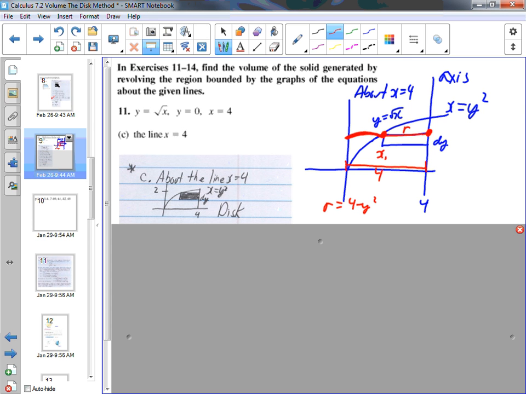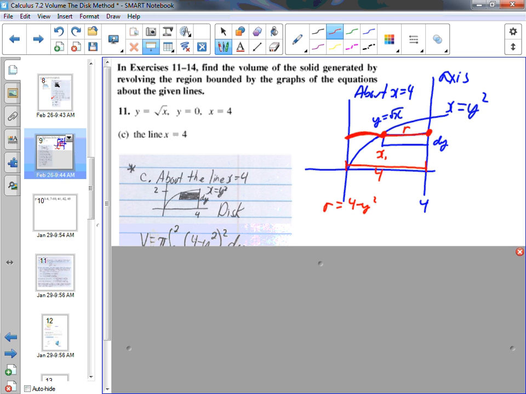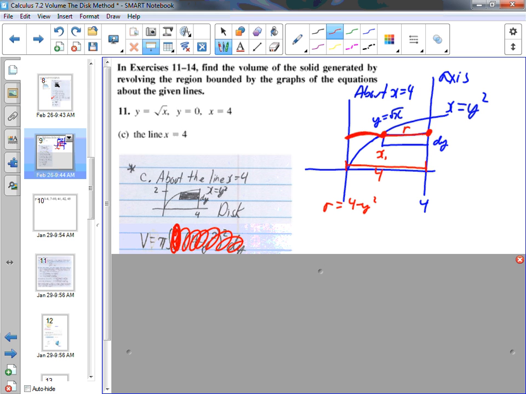Now let's write the integral. So, volume equals pi, integral sign, dy at the end. I know all that for sure, don't I? I also know that it's the integral of the radius squared. It's pi r squared h.